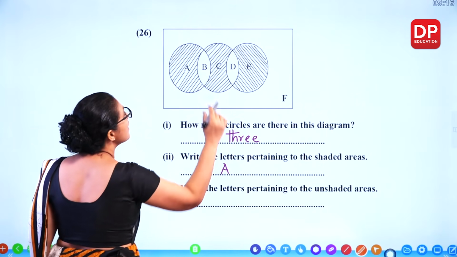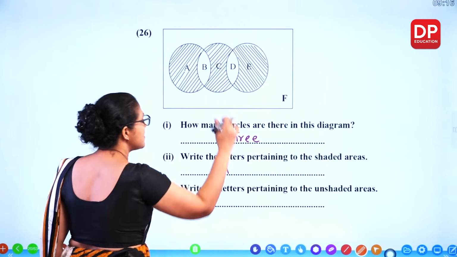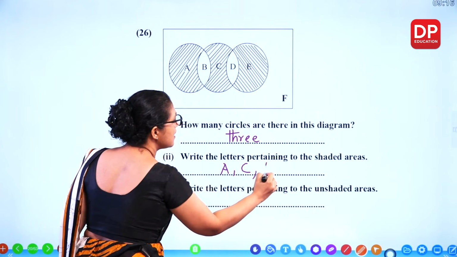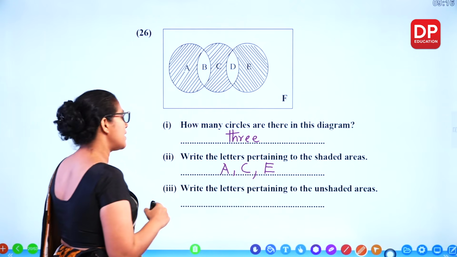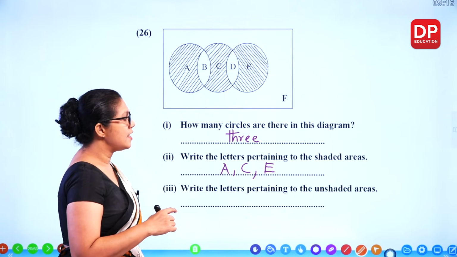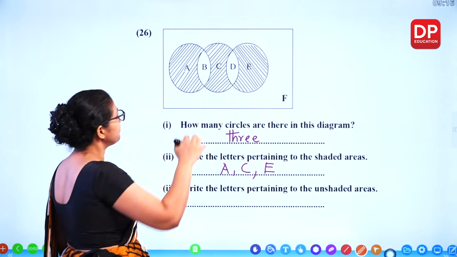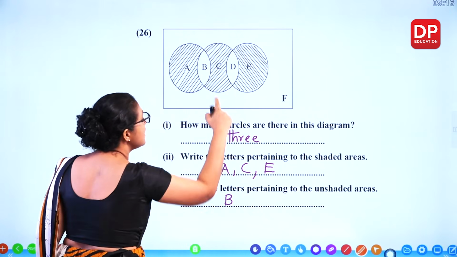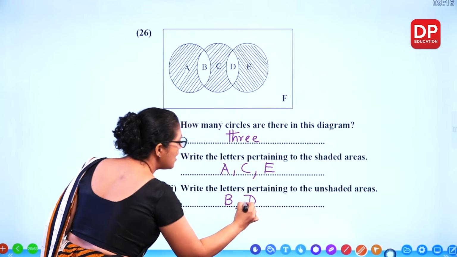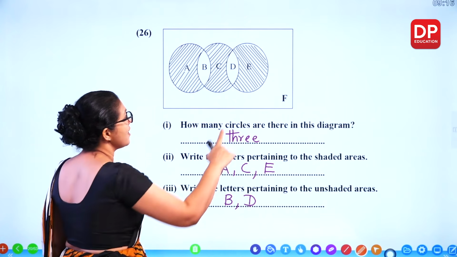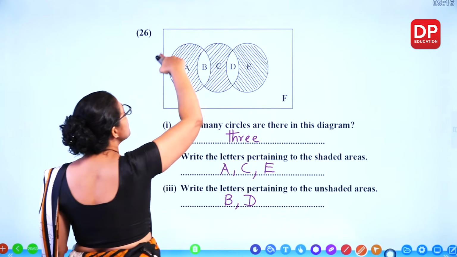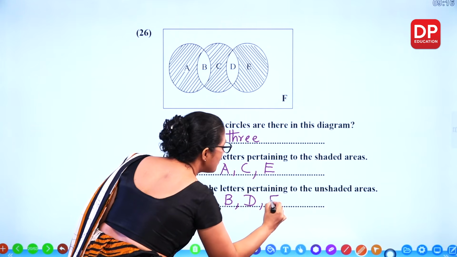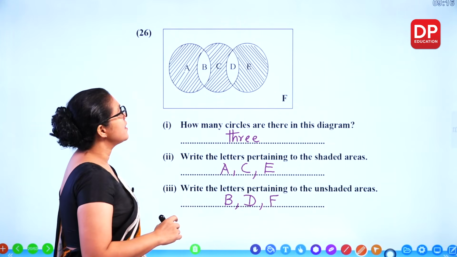A and B are not shaded. C and E, those are shaded. Write the letters pertaining to the unshaded area. Unshaded parts are B, D. Those are unshaded parts. As well, I can write F also. F is not shaded.